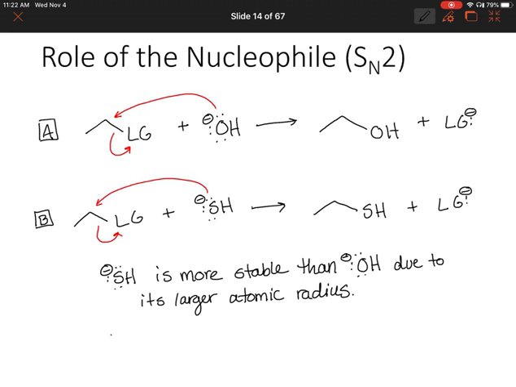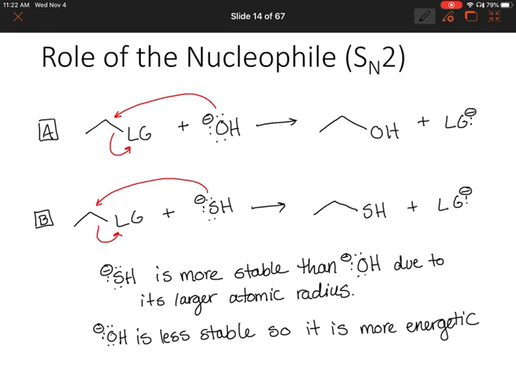So OH minus is less stable, so it is more energetic and more likely to react.